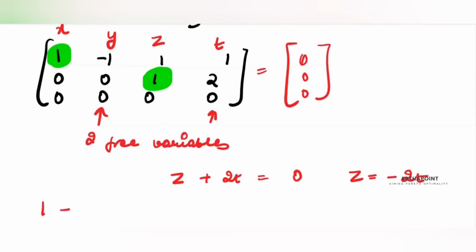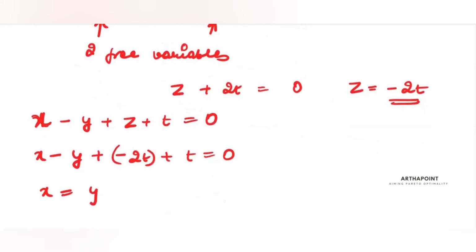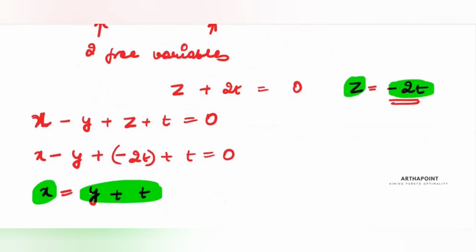And if I say x minus y plus z plus t is 0, and I put z equal to minus 2t, so I get x minus y plus minus 2t plus t equal to 0. So I get x is equal to y plus t. So do you understand that x is defined in terms of y and t, and z is also defined in terms of t?